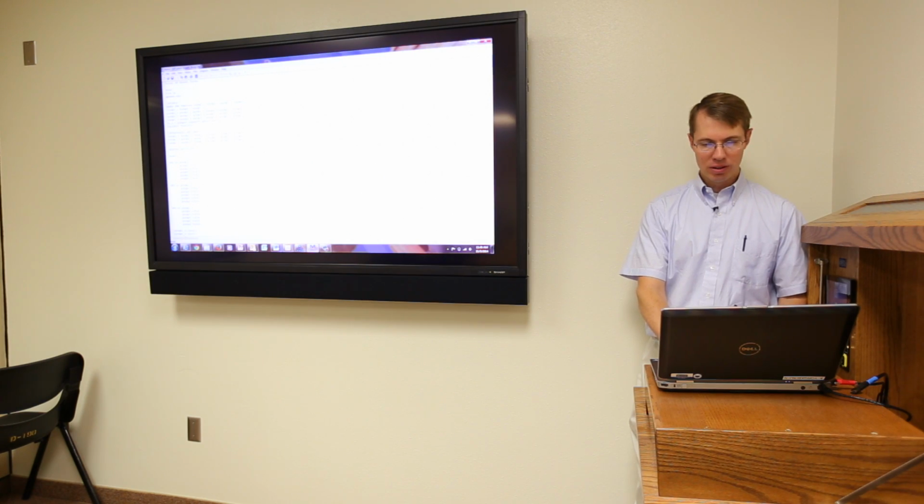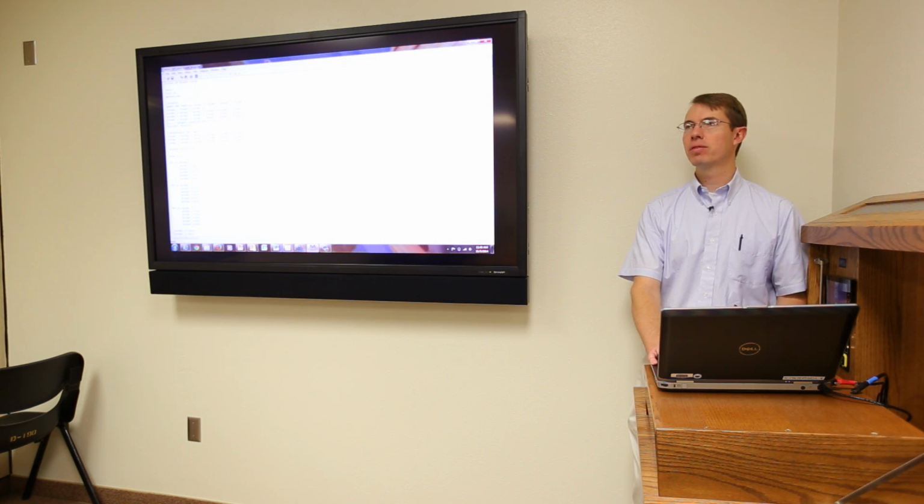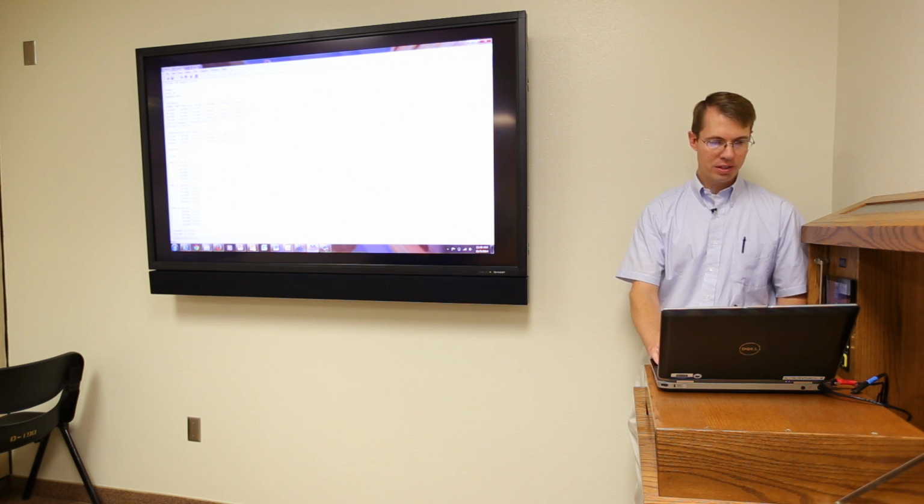All right, so in M+, let me just show a couple of models here. This model is a growth curve of latent variables. What we have here is some latent variables, grandparent closeness at time 2, 3, and 4.